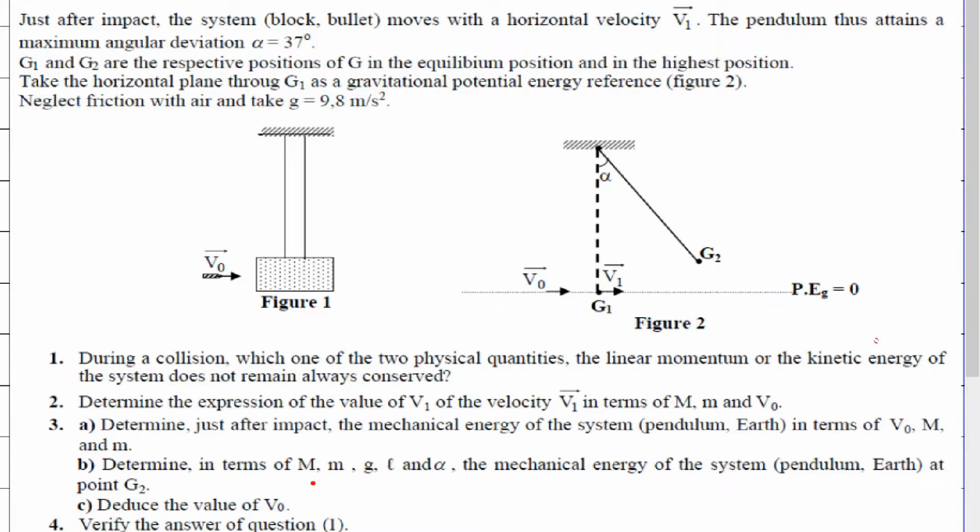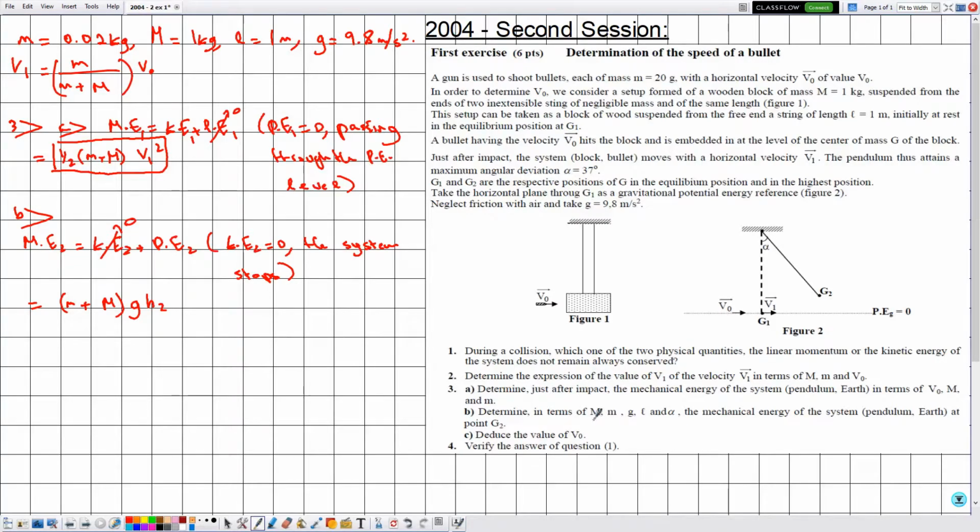Now notice that here we want to determine this expression in terms of M, G, L and alpha. So far what we have done is in terms of small m, capital M, G, whereas H2 must be converted into L and alpha, and this can be done from the geometry of the figure.